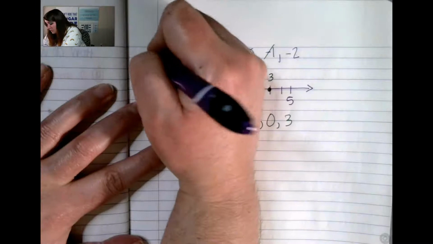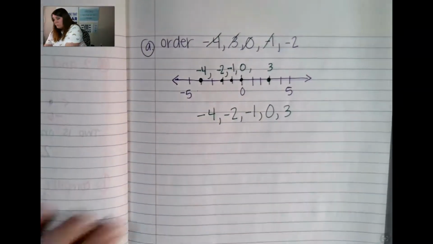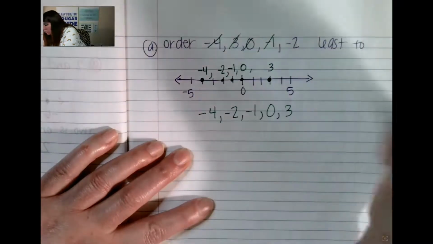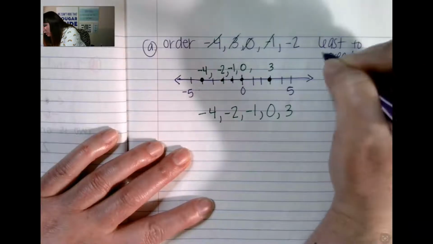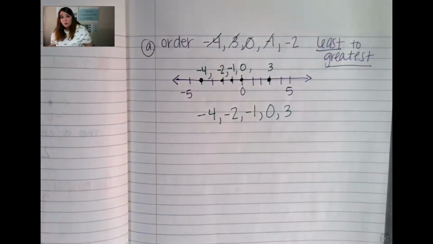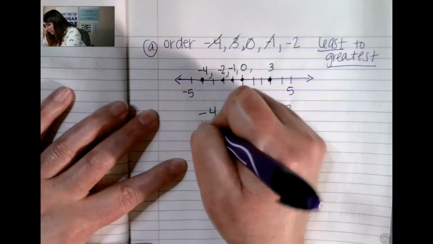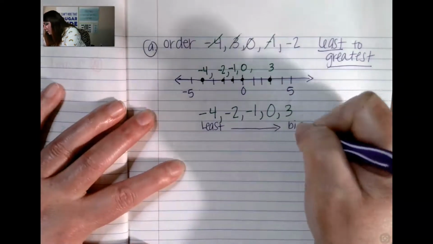So here's my example A, ordering them from least to greatest. They will always tell you what they want first, least to greatest. The smallest is here, so this is our least. And we're moving towards biggest.